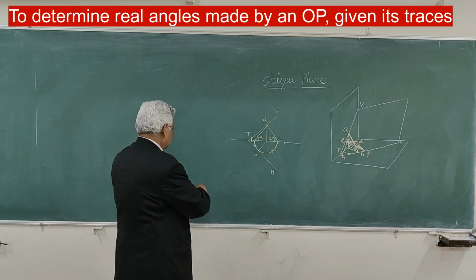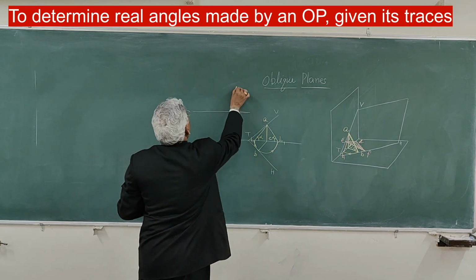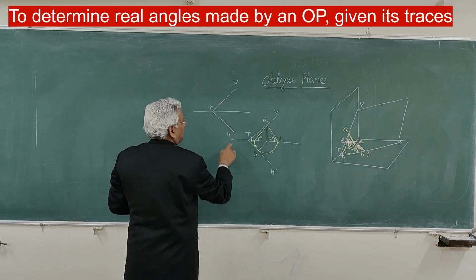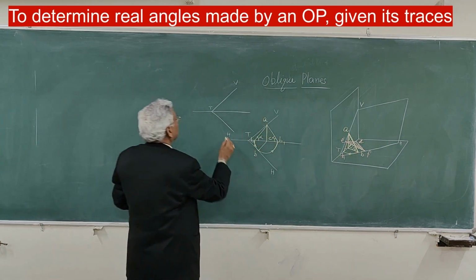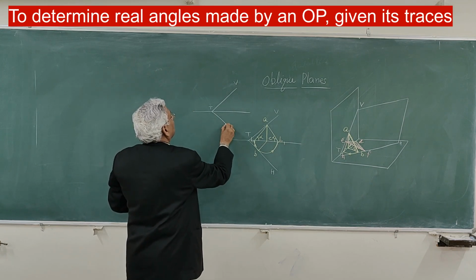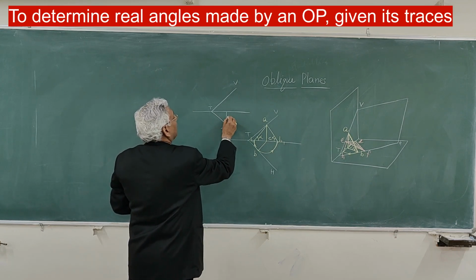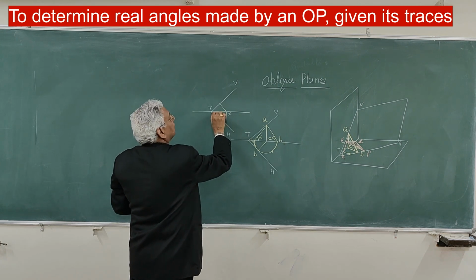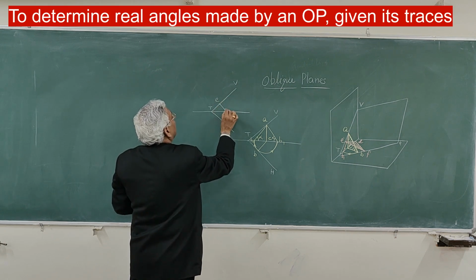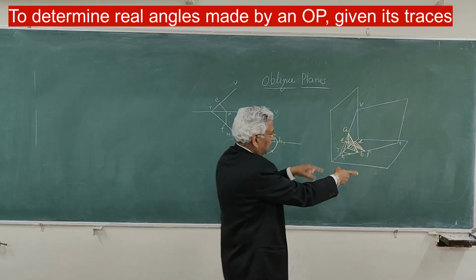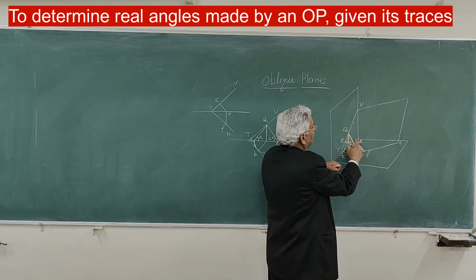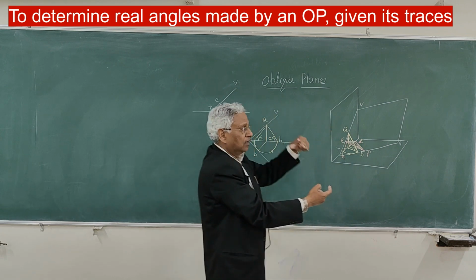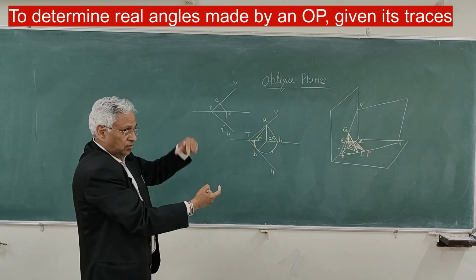So let me take another diagram. This is the vertical trace and horizontal trace. Take a point F on HT, a perpendicular to the ground line, which is D, and a perpendicular to the vertical trace, this is E. Now rotate this plate about this side, DF, so that it comes in the horizontal plane.